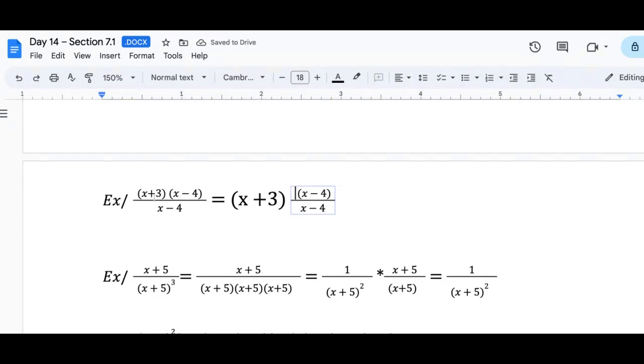Because x plus 3 is in the numerator, we can write it on the side. Then we see x minus 4 divides itself, that becomes 1. So that's why this one can be simplified as x plus 3. And that's it.